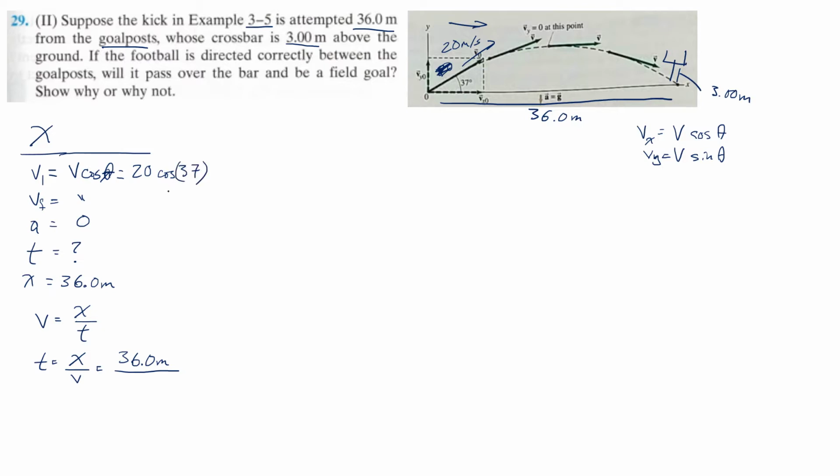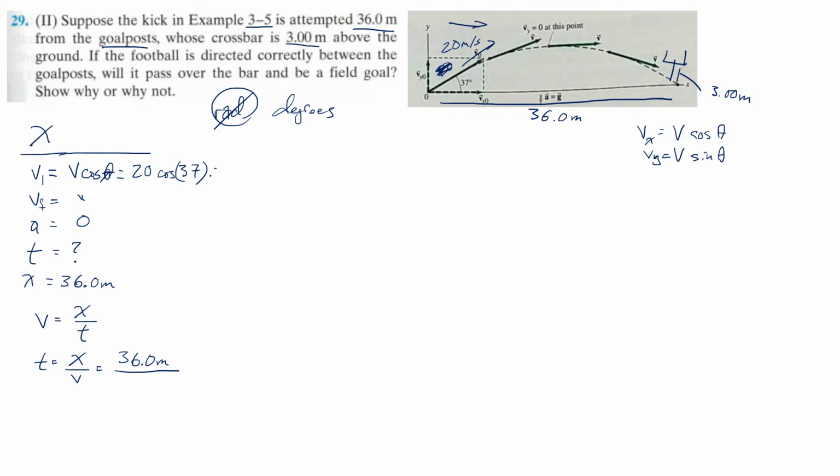When you plug this in, make sure your calculator is in degrees, not radians. A lot of kids got stuck for like 5 minutes. If you've been doing this problem for over 30 minutes and you're wondering why you can't get the same answer as the book, check your calculator and make sure it's in degrees. No radians. Degrees, yes.